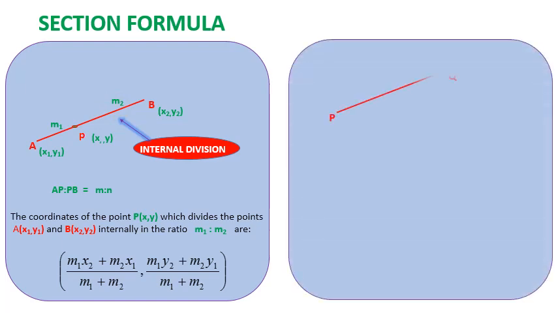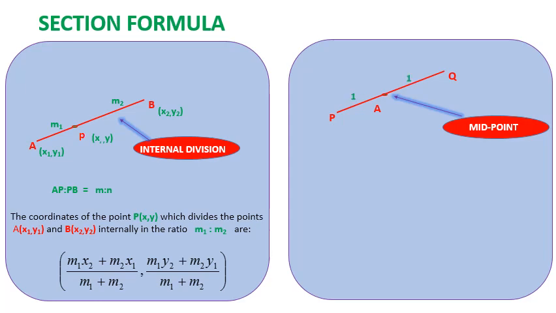Next, consider a line segment PQ. The endpoints are P and Q, and there is a point A which is exactly in the middle of P and Q. It means we can say that A is the midpoint of the line segment PQ.